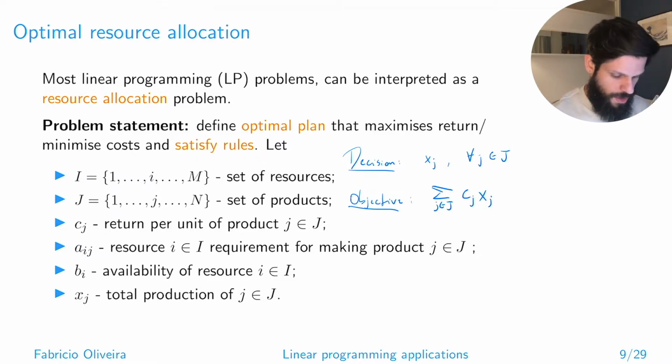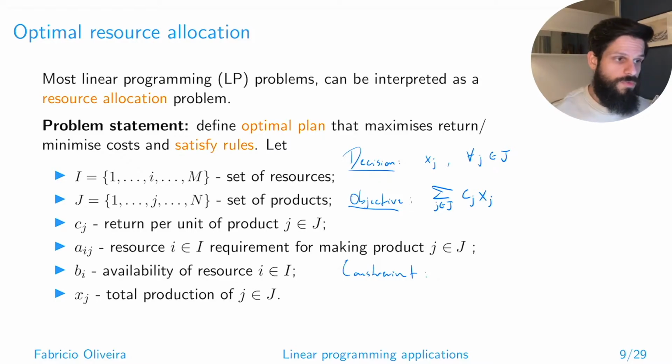But the reason why I can't make infinite amounts of x1 and infinite amounts of x2 and so on is because I have a constraint that says it serves the amount of resources I have available.